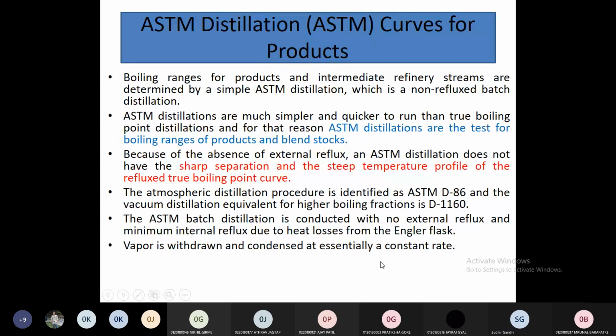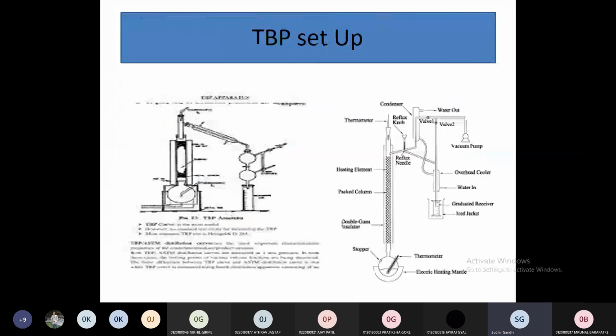Now before moving forward, in this particular experimental setup the cuts are separated based on the boiling range. The vapor temperatures are measured, and the vapors are condensed. The reflux arrangement adds reflux back to the column, and the volume collected is measured against temperature. So volume collected 0 to 10 percent, 10 to 20, 20 to 30, 30 to 40.